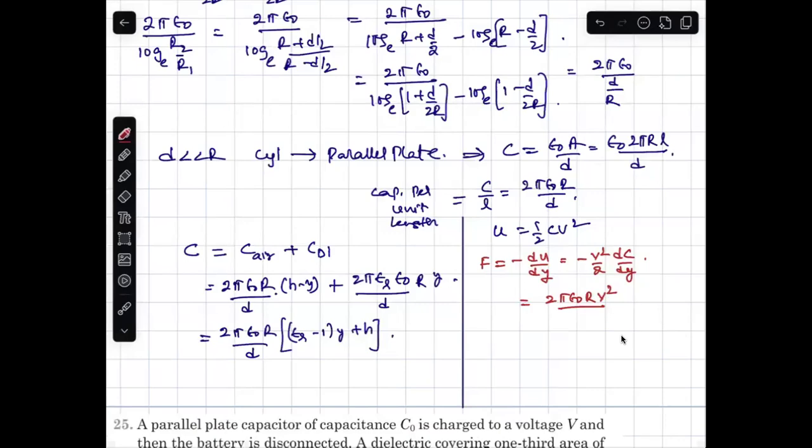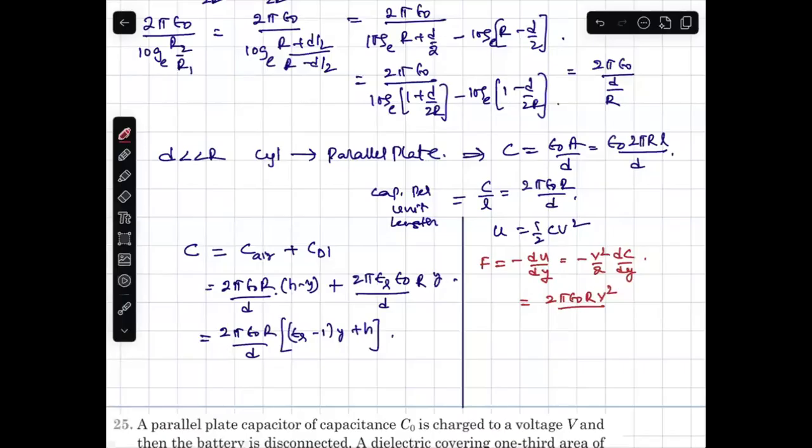Right. 2 pi epsilon naught R V square by D times (epsilon_r minus 1).